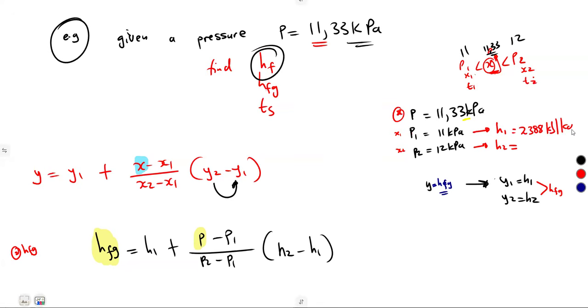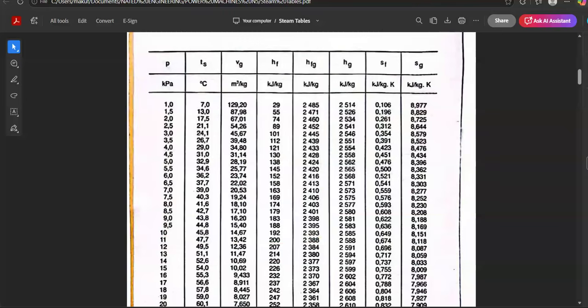Then H2 is still the value of HFG, but at the upper value, at 12 kilopascal. At 12 kilopascal, the value of HFG corresponding was 2384.